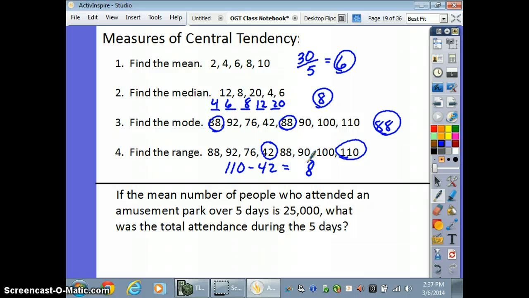What is that? Goodness. 68. 68 is the range. Sorry about that. And if the mean number of people who attended an amusement park over 5 days is 25,000, what was the total attendance during the 5 days?